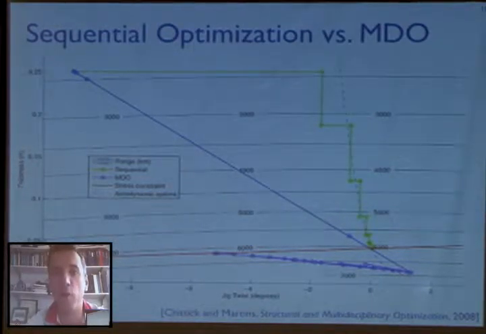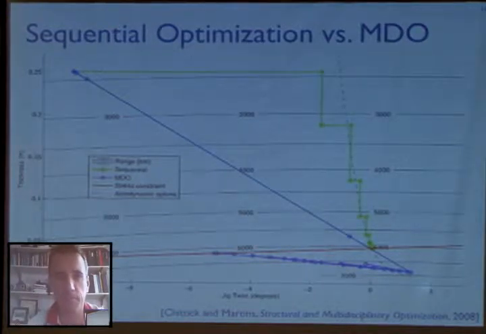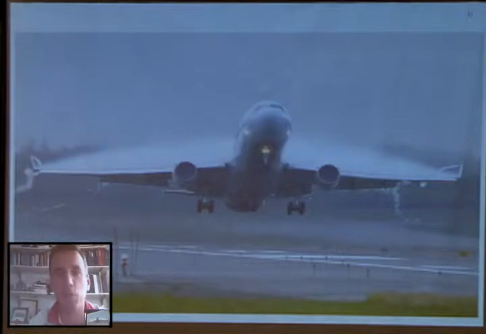And what you see is that it converges to a result that's not optimal, whereas the blue one, which is MDO, will converge to a better result in terms of range. So that's our main motivation for doing a concurrent approach for design optimization using MDO. Next slide, please. This is just showing the lift distribution on a wing.